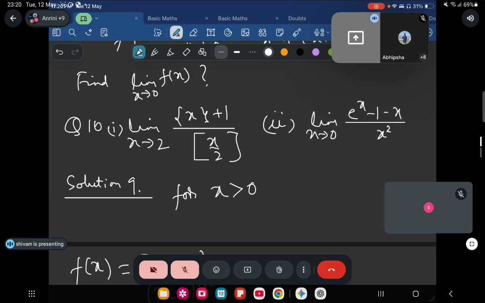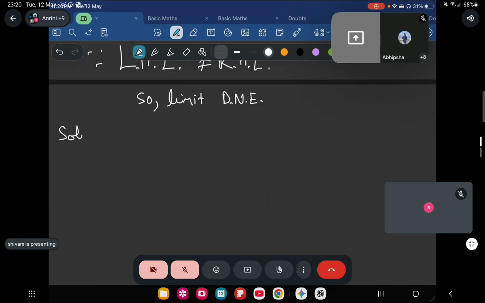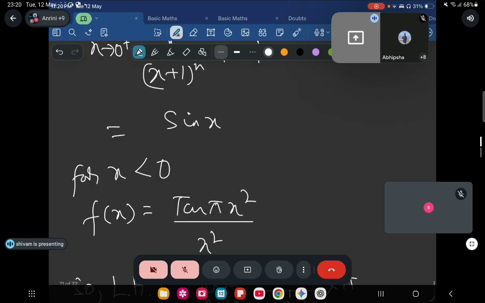Yes, Ritam, your answers are correct. Okay, everyone, I'm solving. Pay attention, 10 part 1. Over here, let us find out left hand limit and right hand limit.